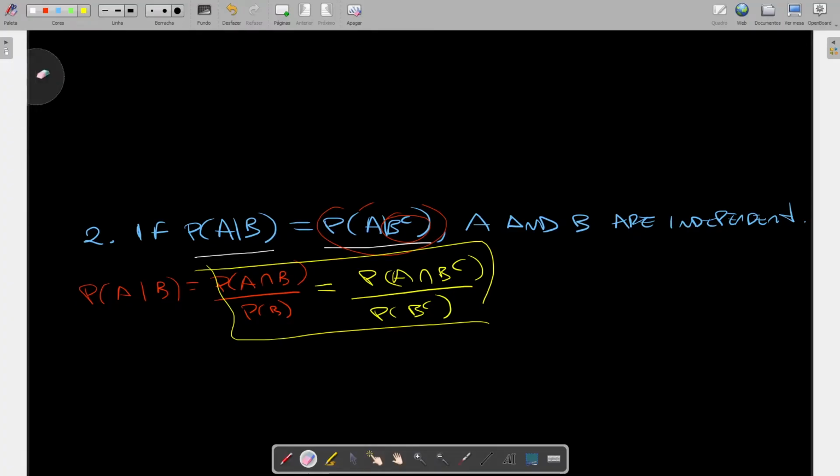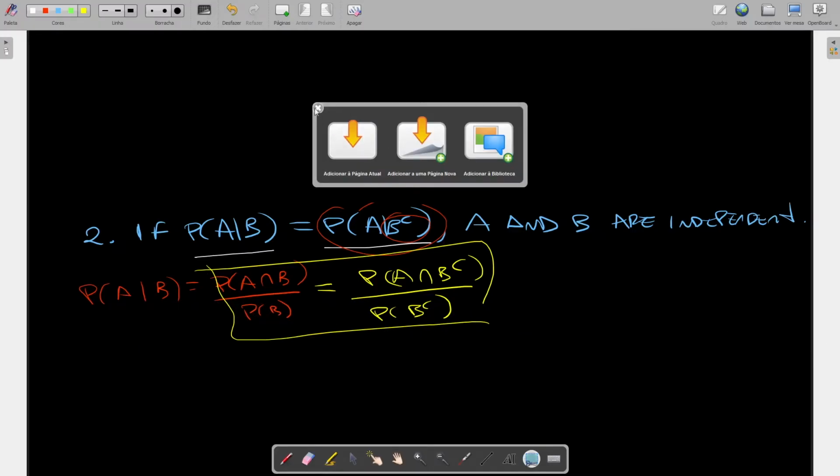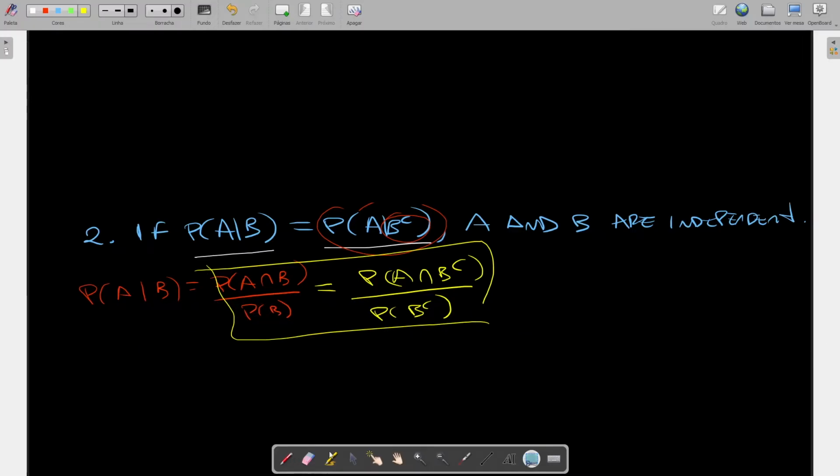The way for us to solve this problem is by decomposing the expression and continuing.